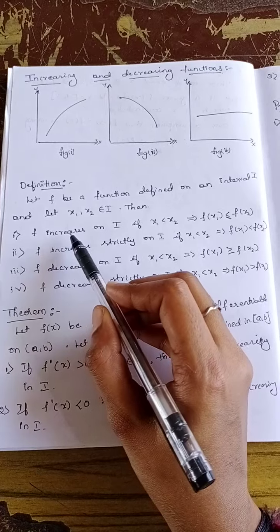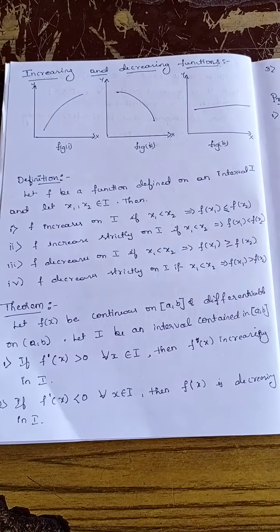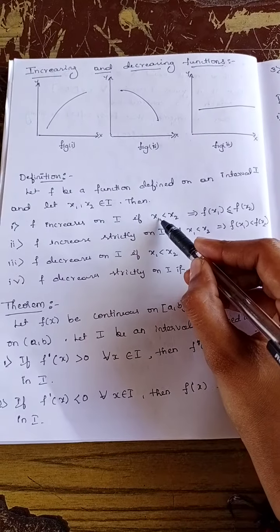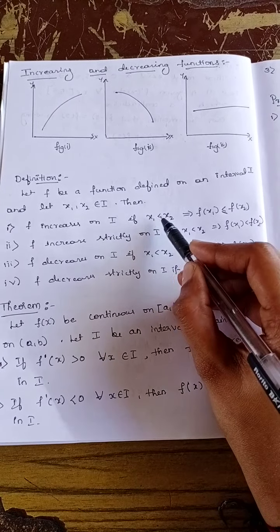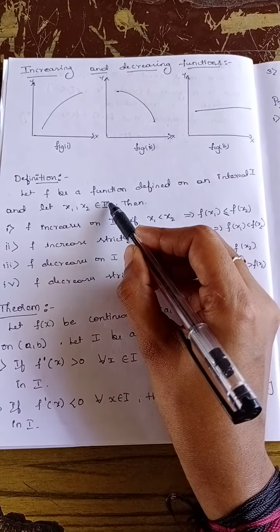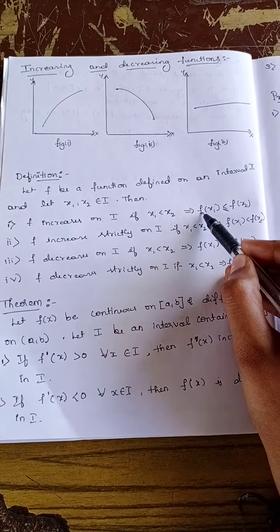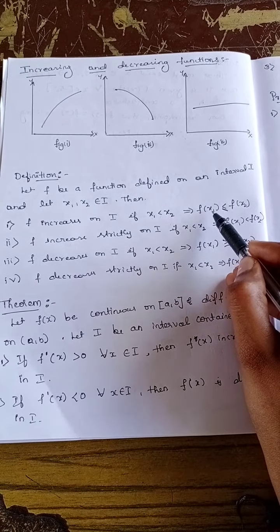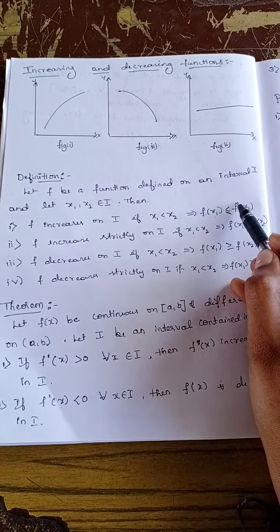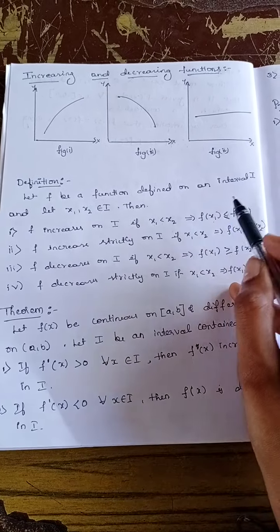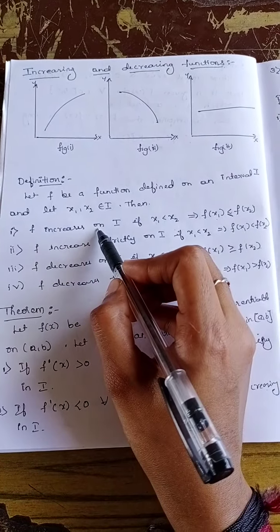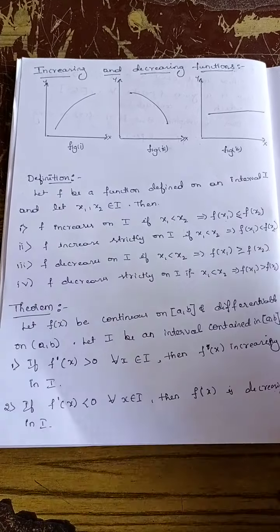Then f is said to be increasing on this interval I if x1 is less than x2 implies f of x1, that is the function value at x1, is less than or equal to the function value at x2. Then we say that the function is increasing on interval I.